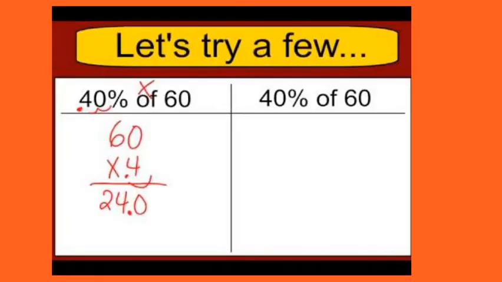Let's try another example. If I take 40% of 60, it's the same thing as 40% times 60, or 60 times 0.4. 40% is the same thing as 0.4, or 4/10. You can notice that we move the decimal point over a couple of spots, and that's because we changed the number from a percent to a decimal.